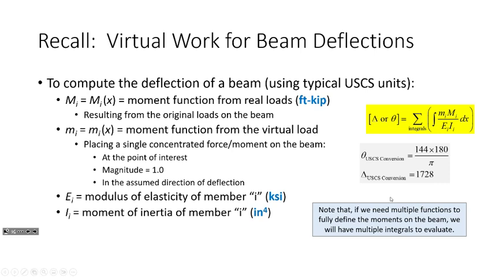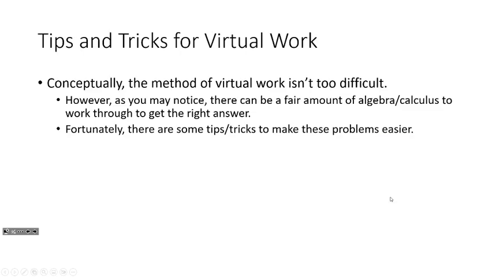Our real function is the big M, and the little m is our virtual function. It comes from taking all the original loads off the structure and placing a single concentrated force or a single concentrated moment at the point of interest. It has a unit magnitude and we place it in the assumed direction of the displacement. E is the Young's modulus, I is the moment of inertia, and we have our USCS unit conversion factors.